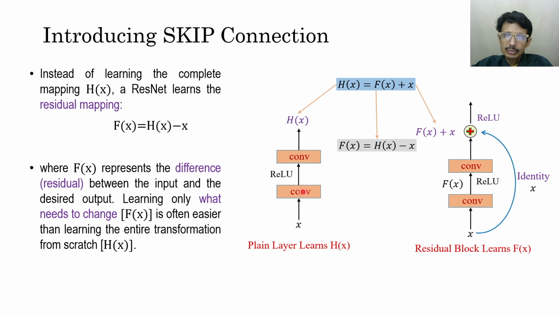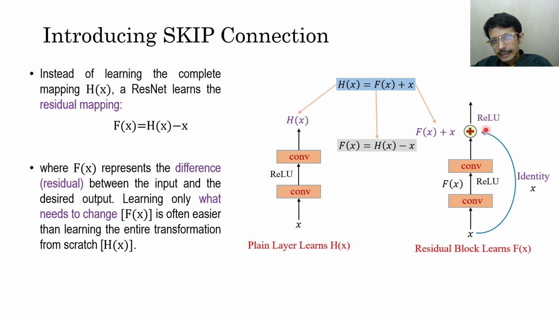So from X we find Hx. We can map X to Hx, where Hx is the function. Now, what does ResNet do? It adds a kind of bypass connection, and this connection is called skip connection. Now you see, this is more or less the same, but there is an extra connection put here.